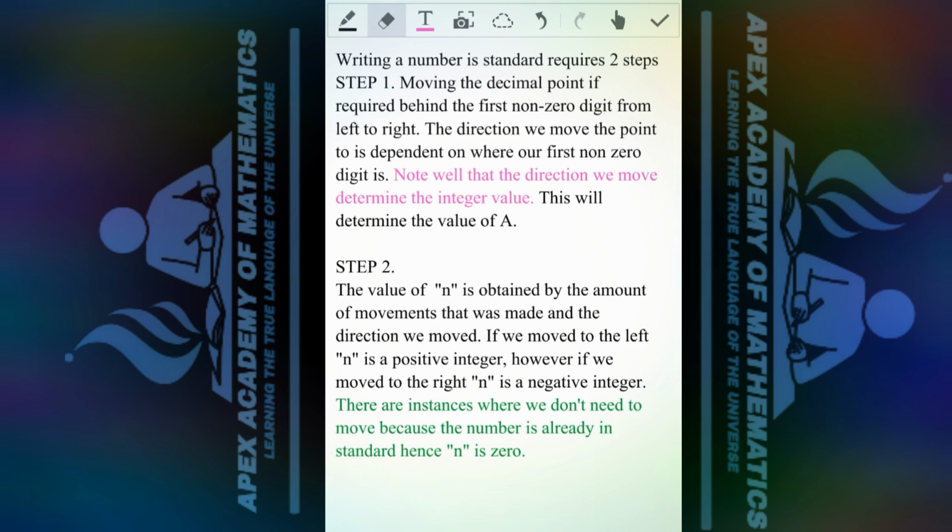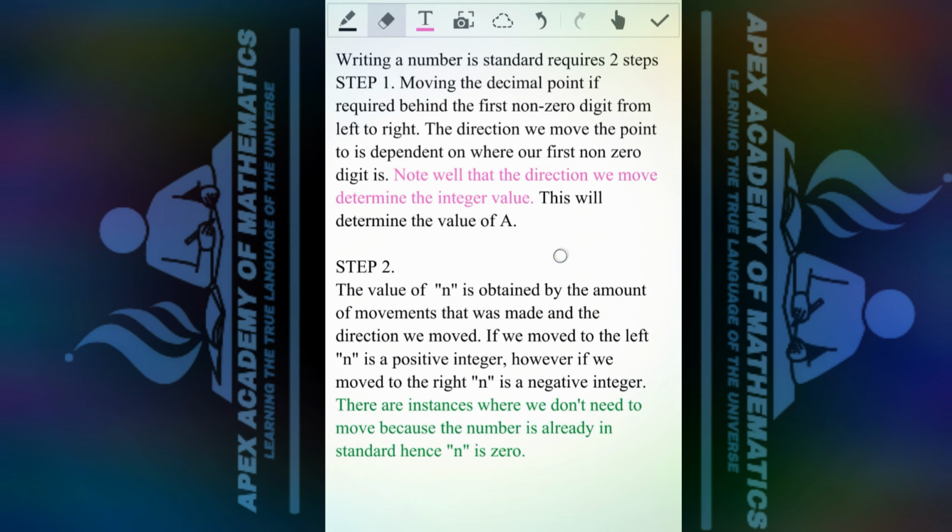So excited to get into the examples, but let's first take care of all the prerequisite skills we need to make sure that we understand the concept going forward. Now it says here, step 2, the value of n is obtained by the amount of movements that was made.